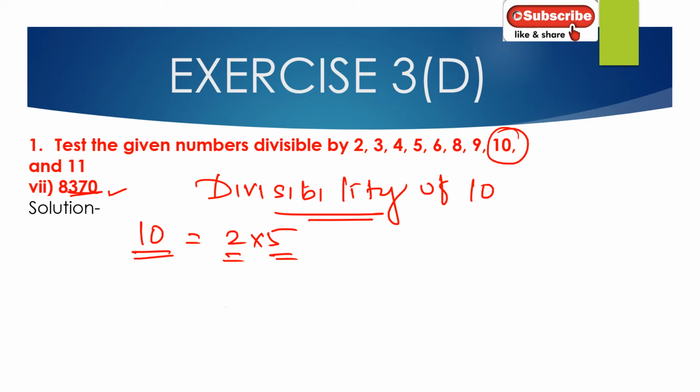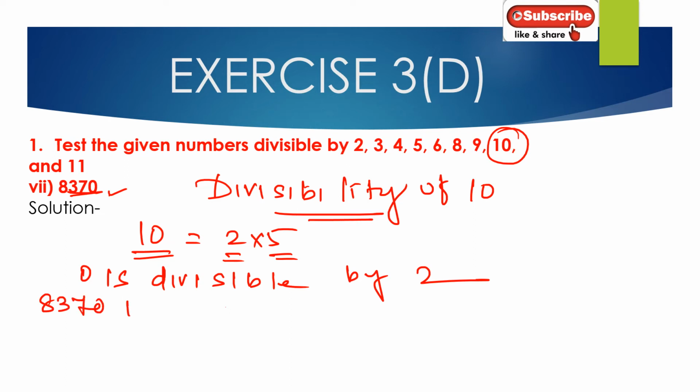First we will check whether the number 8370 is divisible by 2 or not. Here the last digit is 0. 0 is divisible by 2. So 8370 is divisible by 2.